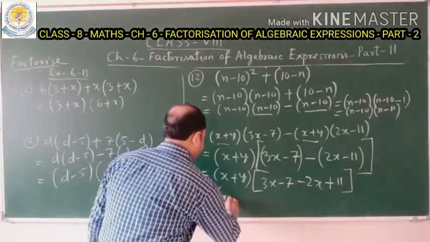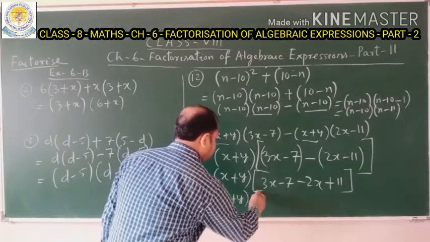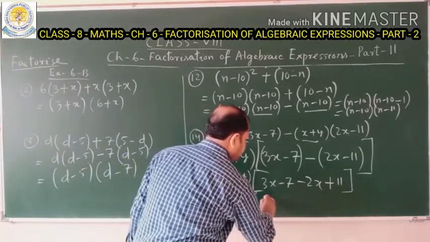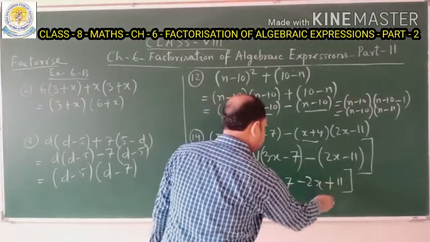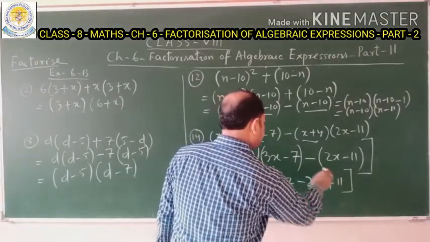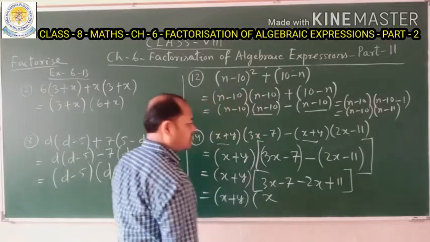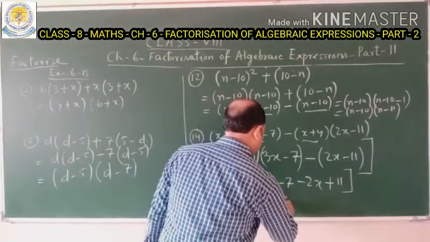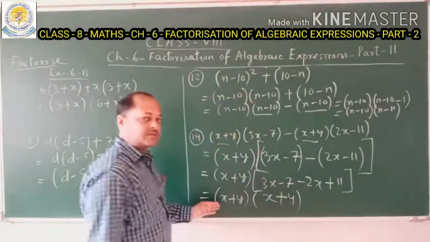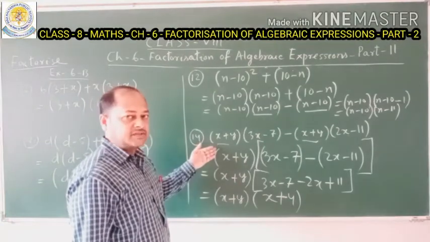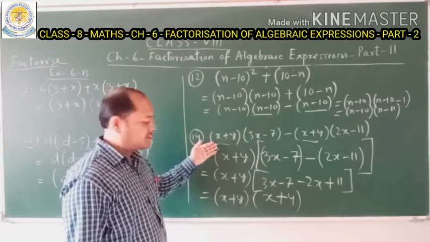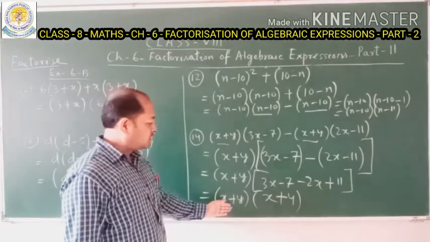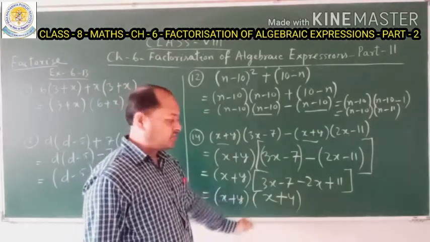So write x plus y, and another term will be 3x minus 2x, that is x. And minus 7 and this plus 11. 11 minus 7 will be how much? That is plus 4. So this algebraic expression can be factorized as x plus y into x plus 4.